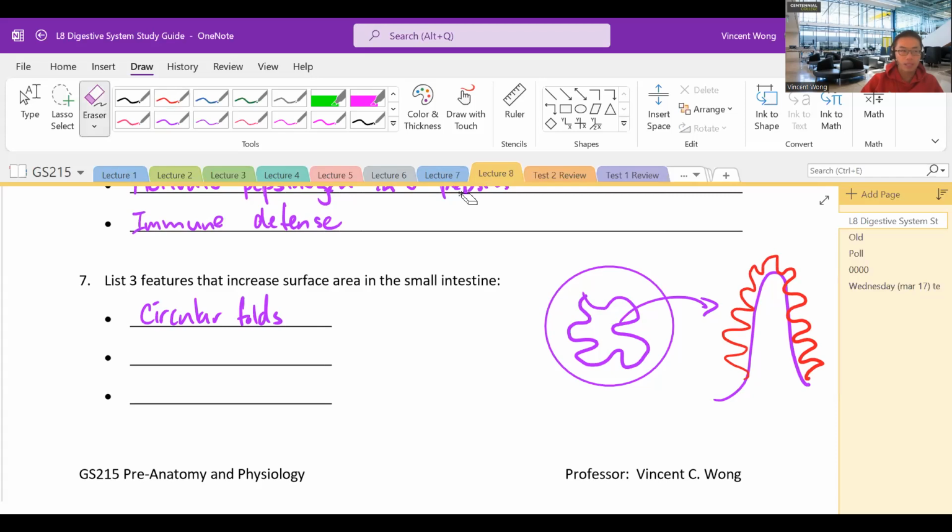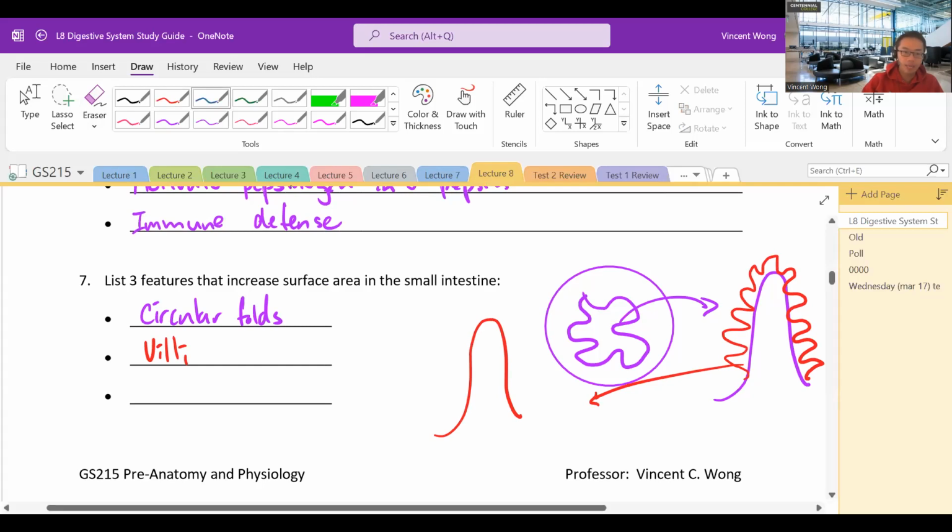These are called villi; villus is singular. If you look at the cells that make them up and zoom in onto a cell, you will see these cells also have little hair-looking things. Those are called microvilli.